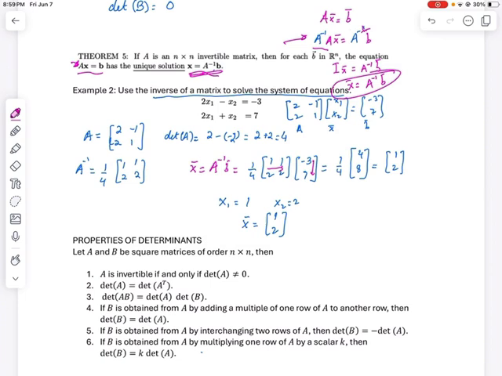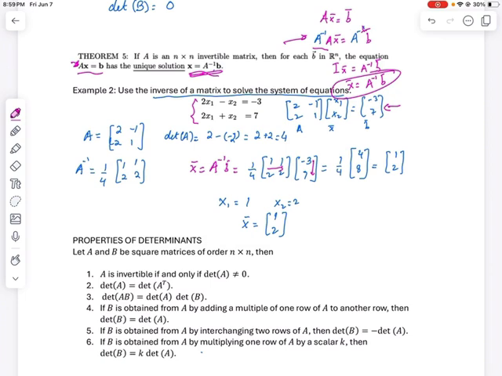So what is A? How do we get A? Recall that the system of equations can be written in matrix notation like this, where the matrix of coefficients is the A matrix, the unknown is the x matrix, and B is the matrix on the right side of the equal sign.